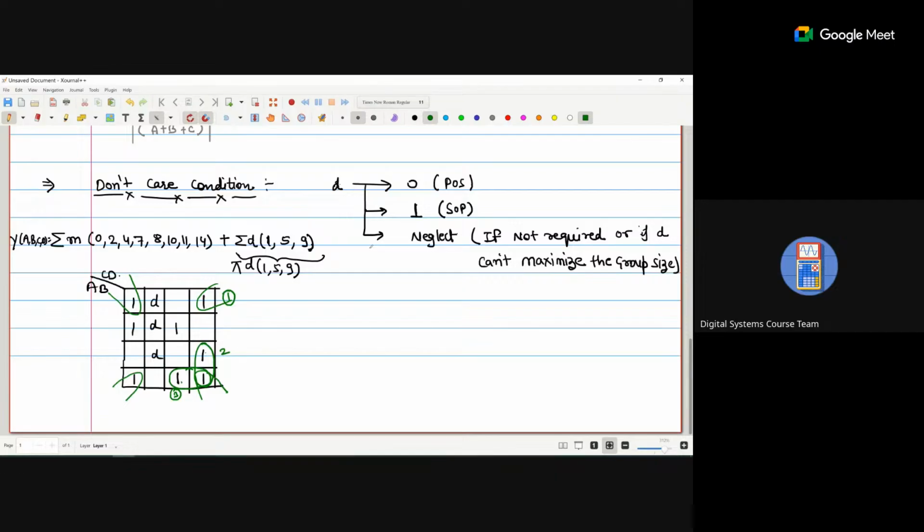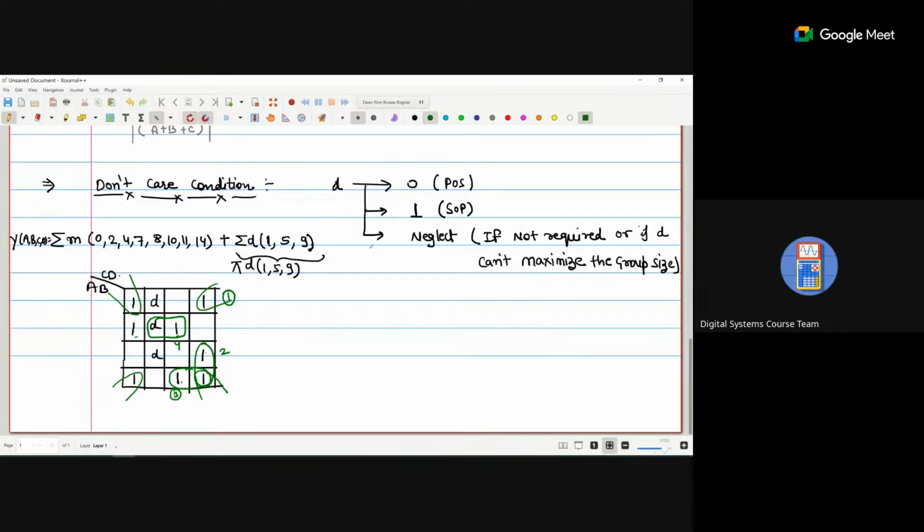Okay. Now remaining two ones. One is this one. One is this one. If you consider this one only, that is the group of one term. So what should I do? I just include this D to maximize the group size. So this is the group four. Now this one is remaining.